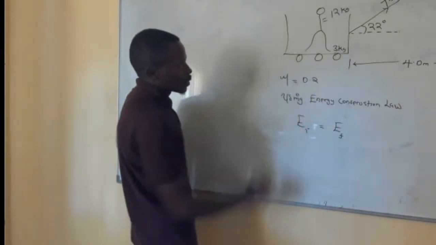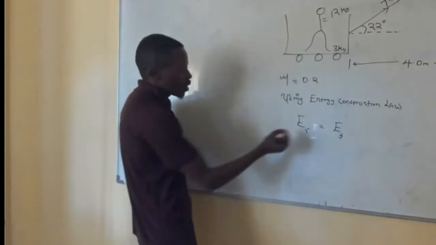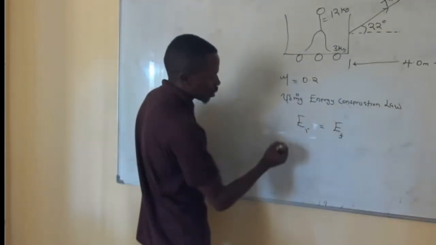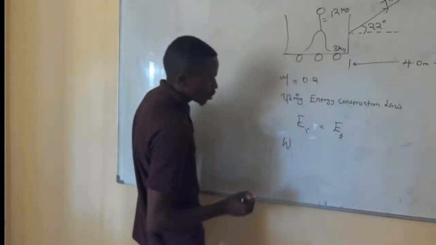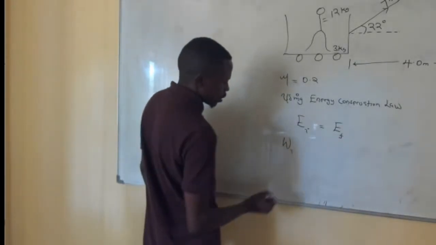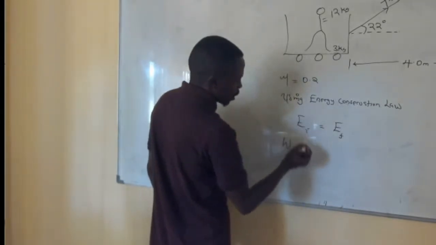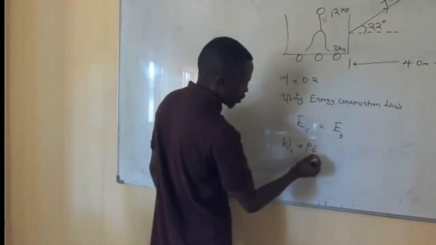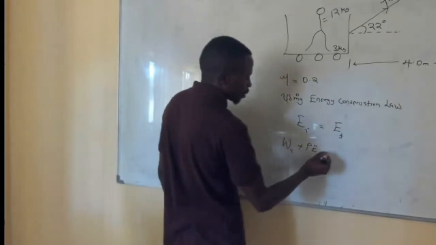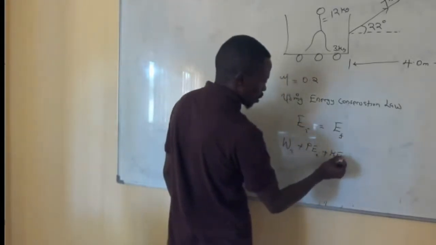So our initial total energy is given by the work done initially plus the potential energy initially plus the kinetic energy initially.